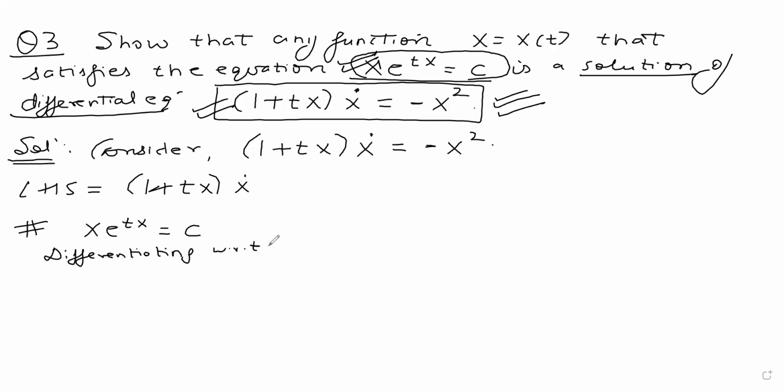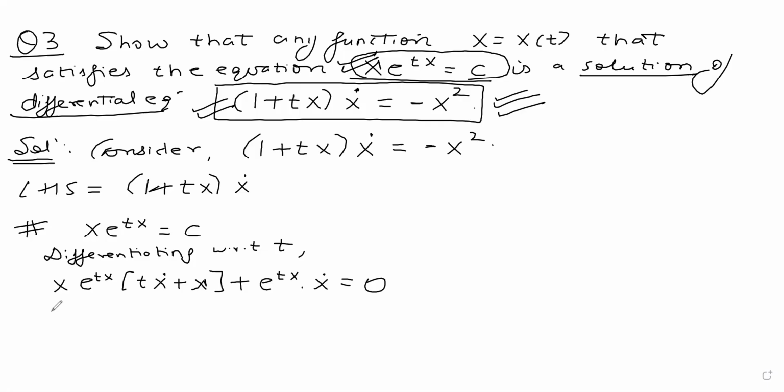differentiating with respect to t, x times e to the power tx times (t x dot plus x) plus e to the power tx times x dot equals 0. So I could have taken x dot common.